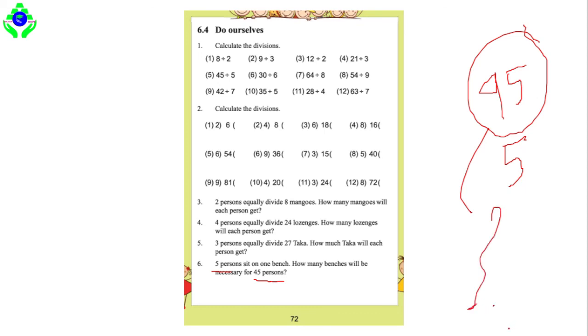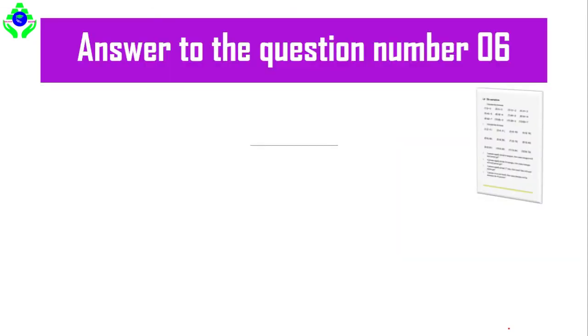Let's go to the page and see what the solution of this question will be. Our first thing to do is, as the data says, there were 45 persons. That's why we write a 45 here. And you know, one bench can hold 5 persons.